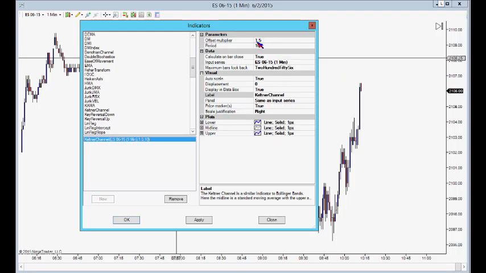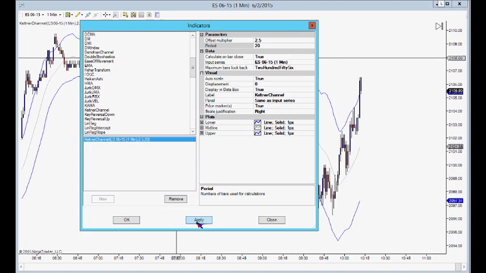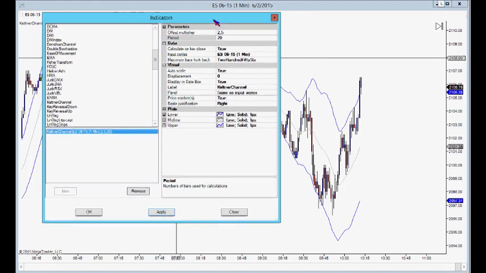And then here, where it says offset multiplier and period, offset multiplier is 2.5, and then period is 20. So you're going to go indicators, Keltner channel, new, 2.5 is the offset multiplier, and then 20. You hit apply, and what's going to happen is you're going to get these three lines.